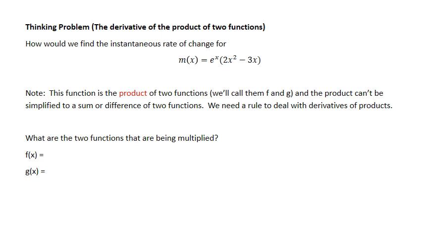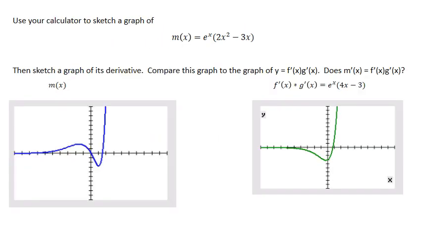We want to be able to separate the two functions that are being multiplied. We'll call them f and g. And so we need a rule. The two functions that are being multiplied here are e to the x and 2x squared minus 3x. So our first impulse is probably to just find the derivatives of each piece.